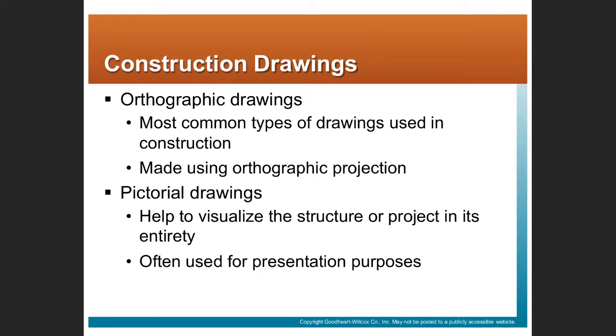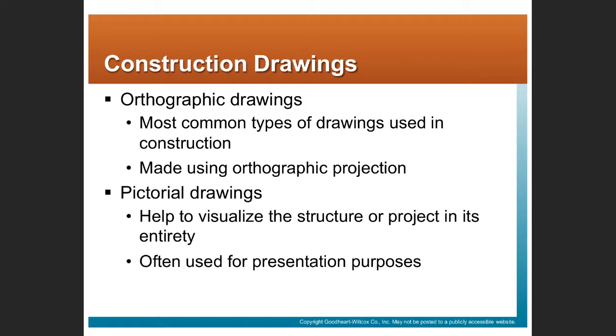Orthographic means that we have taken a 3-dimensional object, a building or a house, something that will ultimately become 3-dimensional, and we render it in 2 dimensions. So we turn that 3-dimensional object into various views that are each in 2 dimensions. And orthographic drawings are made using orthographic projection, which we'll see in a minute.